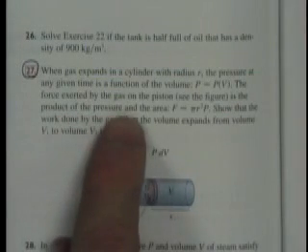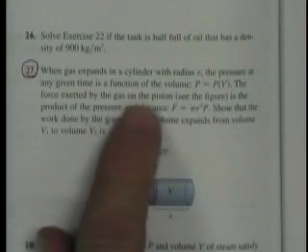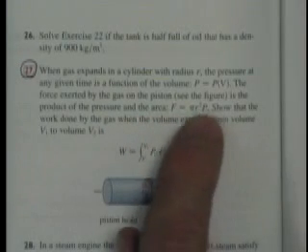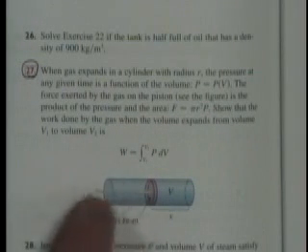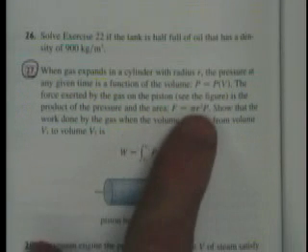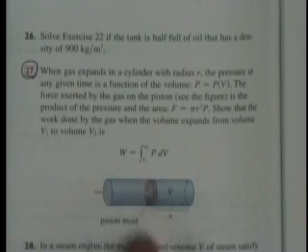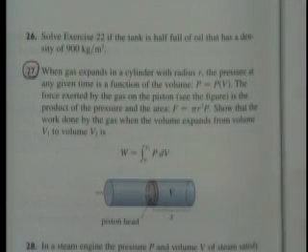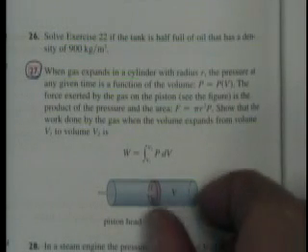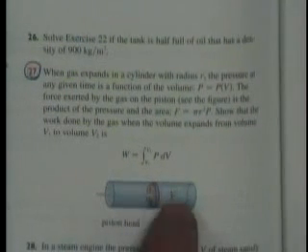The force exerted by the gas on the piston is the product of the pressure and the area. So pi r squared, if the piston is smooth, the radius is the same, so that r is actually a constant, but it represents the cross-sectional area, the surface of the piston with the gas on this side.